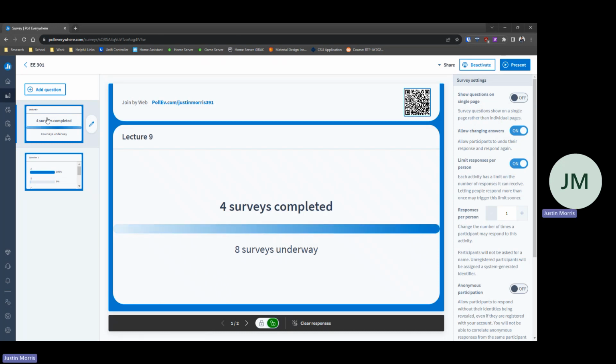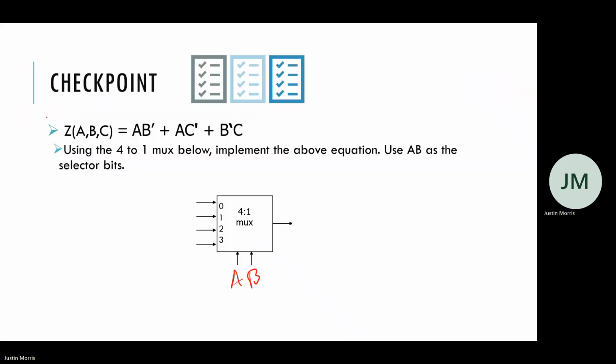Okay, and do just complete the circuit. Done. There are still 8 people working on this.